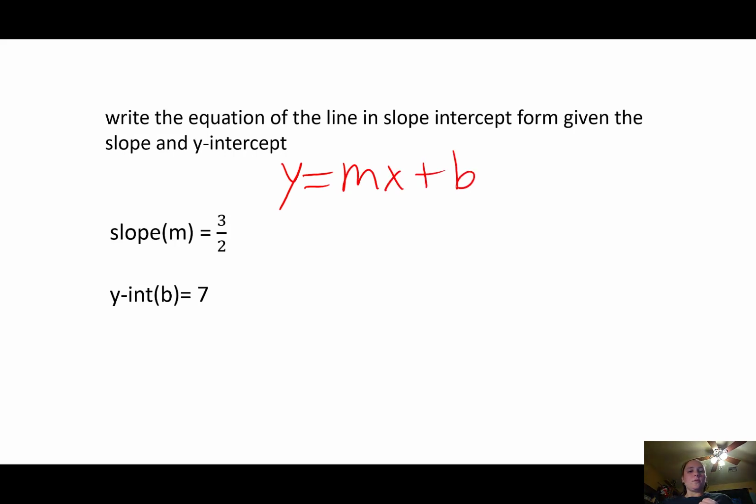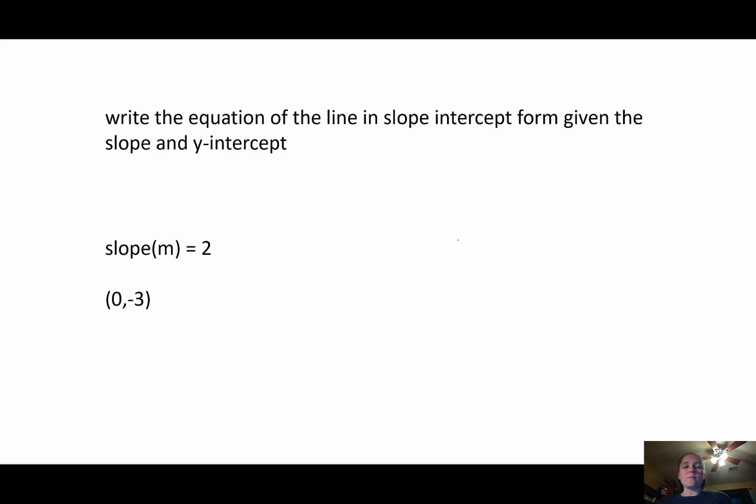I need slope and I need the y-intercept. m is my slope, so I'm going to get y equals 3/2 x plus my y-intercept, which I was told was 7. So my equation is y equals 3/2 x plus 7. Okay, let's look at another one.